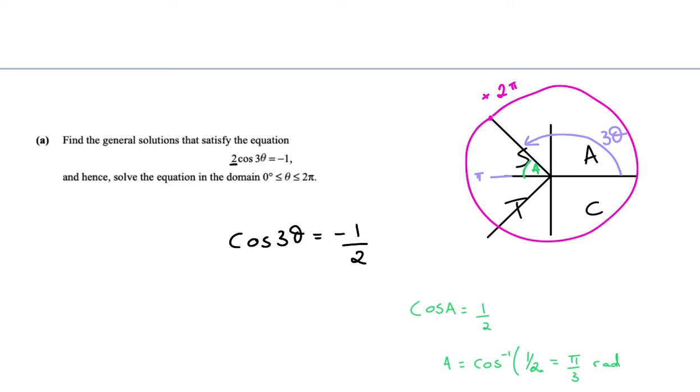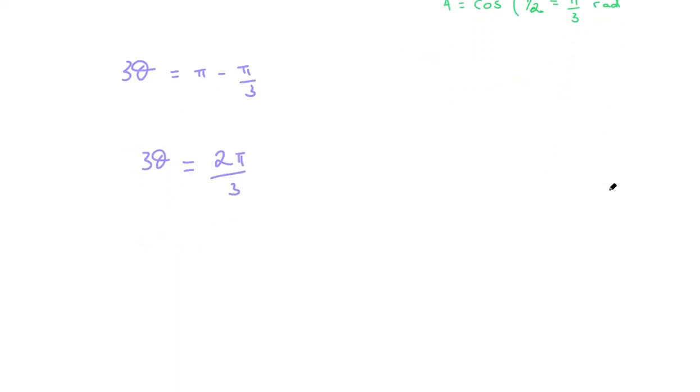If I do another 2 pi, so if I was here and I go around again and I do another 2 pi, I'm still in the same quadrant, so it's going to still be negative and it'll still give me the same ratio. So I could just continuously add 2 pi to this and still get the same answer. So that's where the general solution is coming from. So I want to say add 2 pi just continuously, and how I'm going to say that is I'm going to say plus 2 pi n.